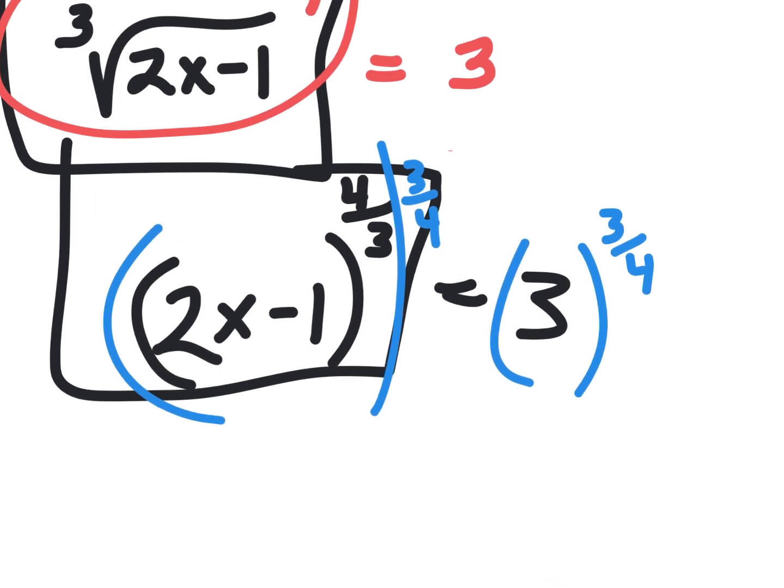And now, all of a sudden, I have 2x minus 1 equals, let me see what this decimal is. 3 to the, I'm using parentheses around my 3/4. 2.28 if I round it.